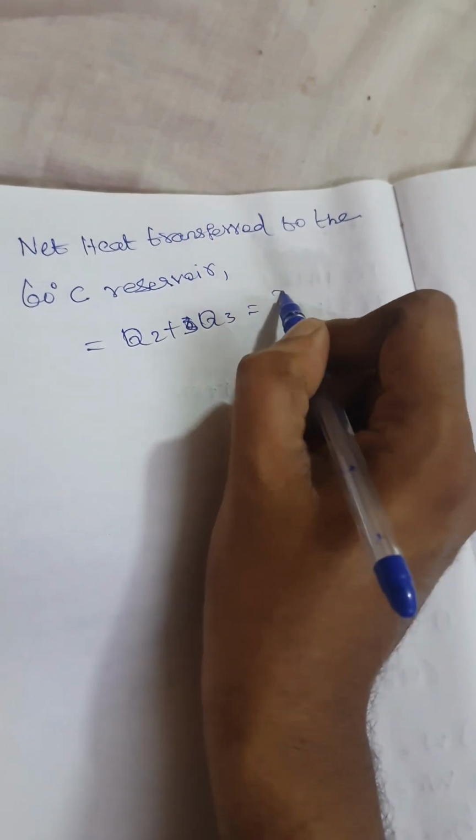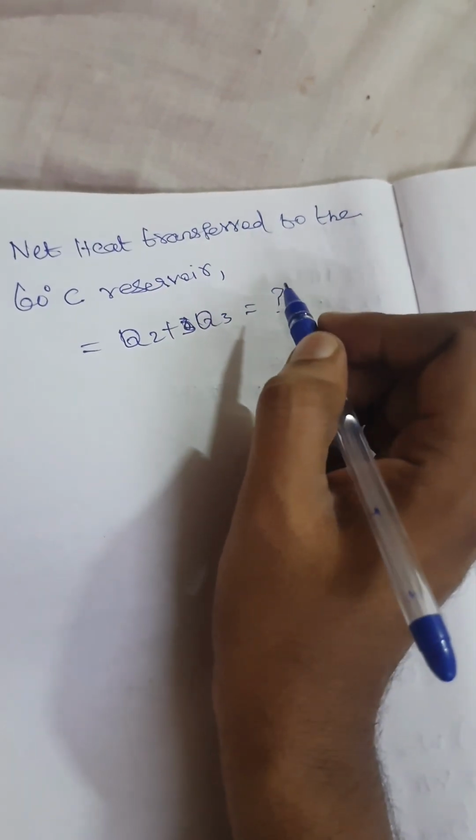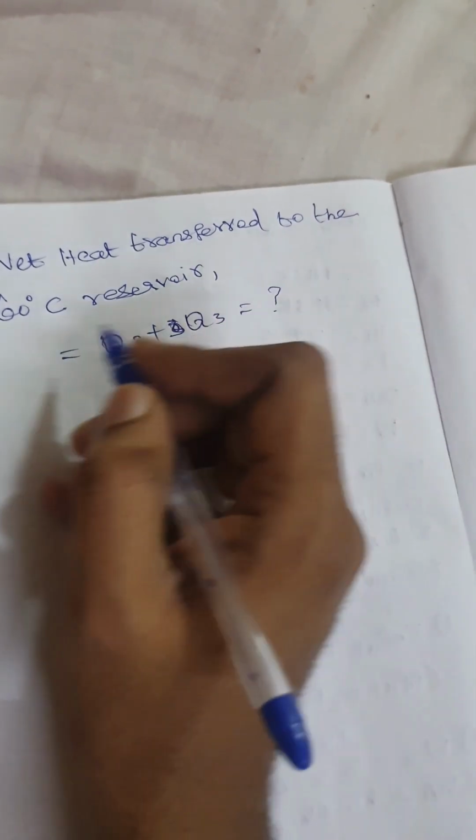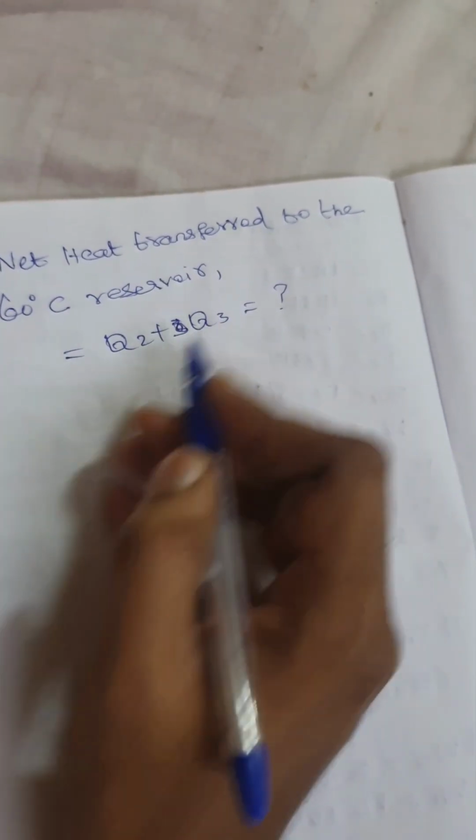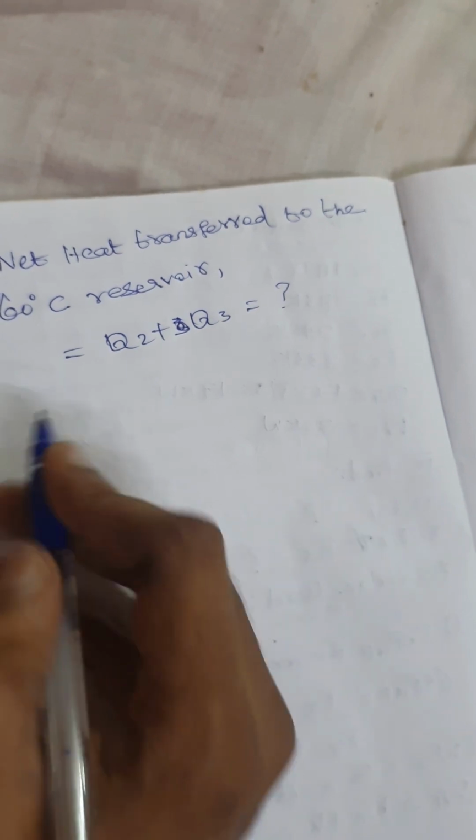That is what we are going to find out. So we are going to use almost 6 formulas, and the 7th is to find the direct answer of the second one. So now we can go to the solution.